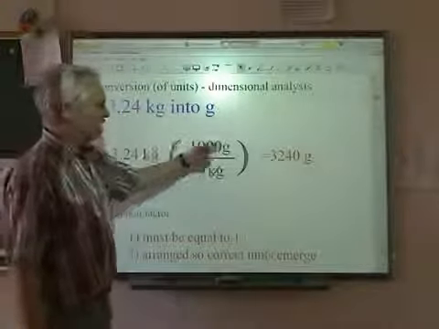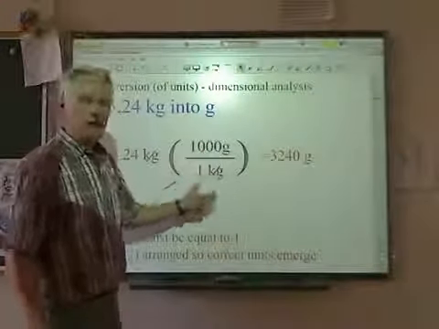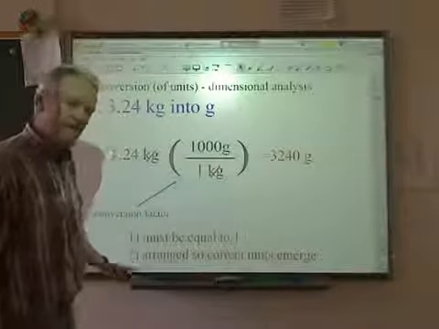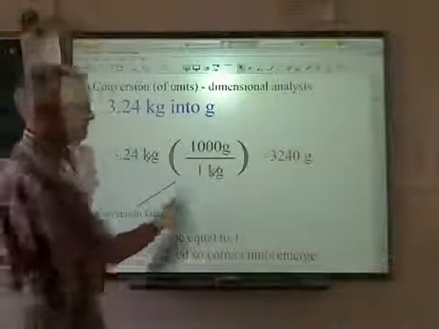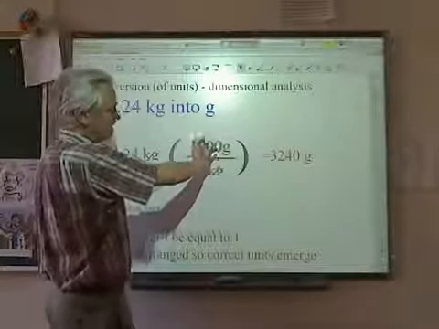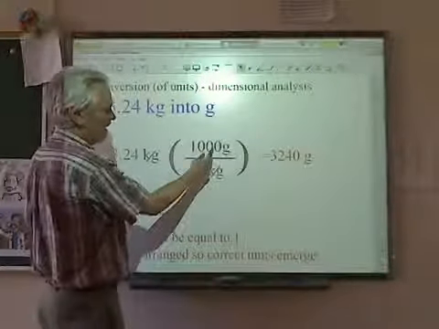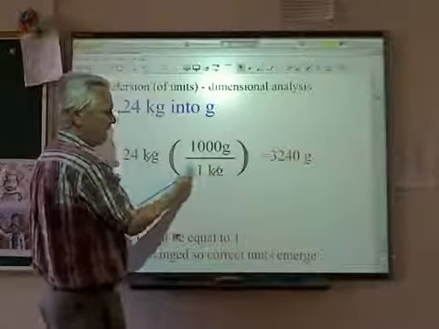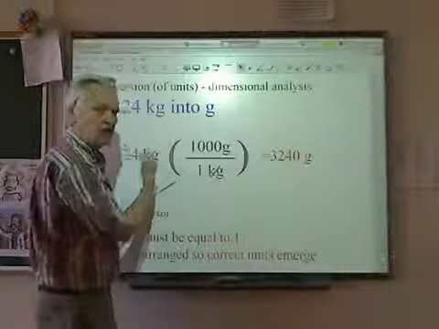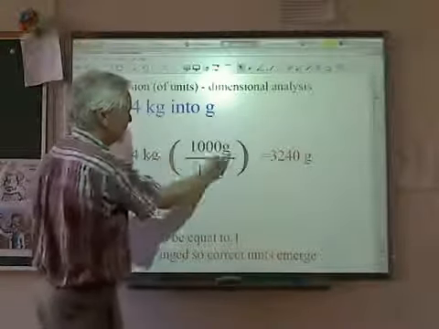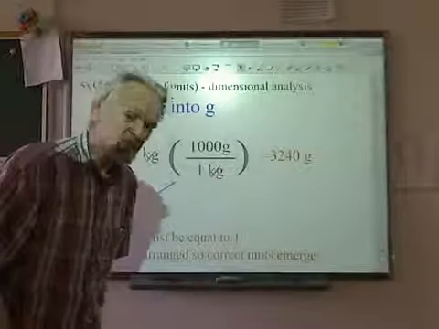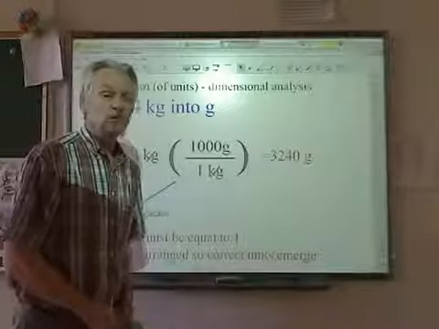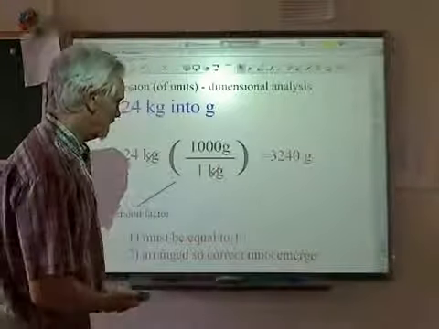That is to say, 1,000 grams and 1 kilogram have to be the same. And notice that it has to be arranged in order for the correct units to emerge. For example, if I were to take this conversion factor and flip it, now I would have kilograms over grams. And now when I multiply through, my answer would have the units of kilograms squared per gram, which is nonsensical, which tells us, of course, we did not do the problem correctly.